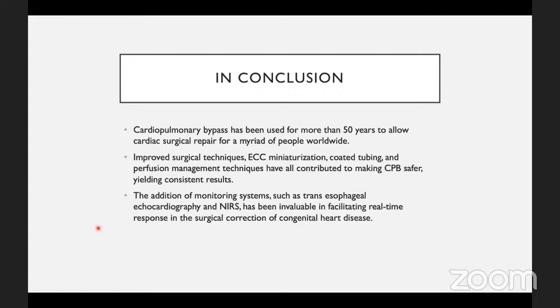Another thing, some of the terms that you should know: one is the sweep rate. What is a sweep rate? A sweep rate is the flow of gas that the perfusionist supplies to the oxygenator. That's the term that is used. We call it the sweep rate.